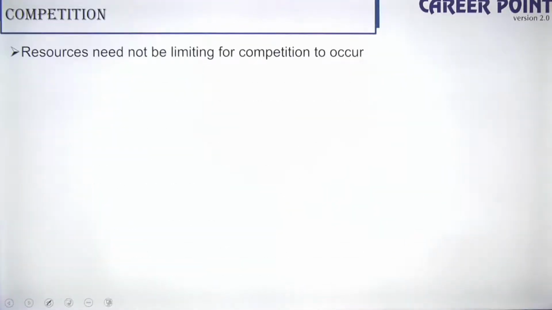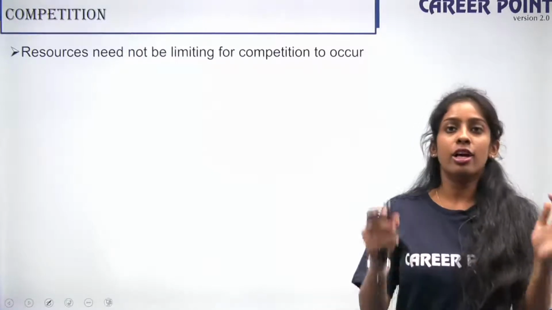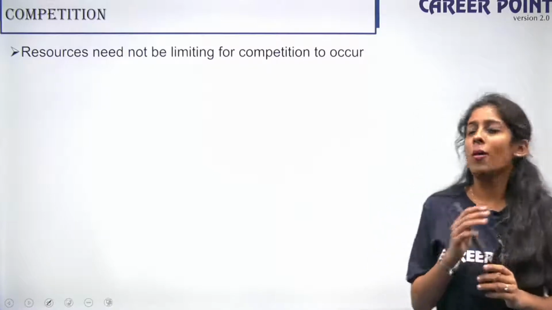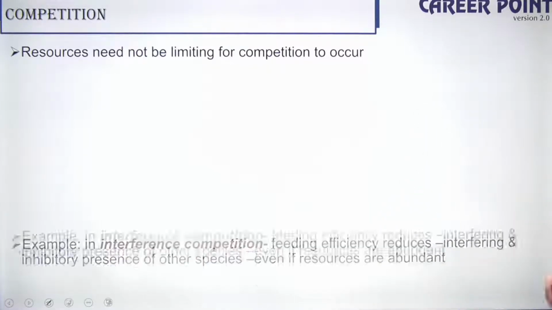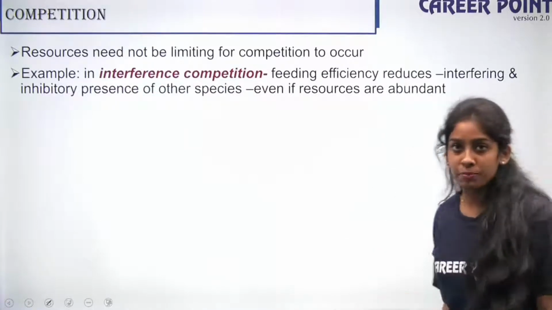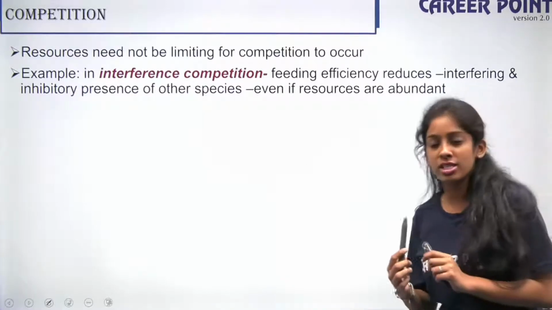The next assumption that we are going to rule out is that competition occurs only if the resources are limiting. No, competition need not occur only if the resource is limiting. One more example is interference competition. The feeding efficiency reduces when the interfering and inhibitory presence of another species comes into the picture.